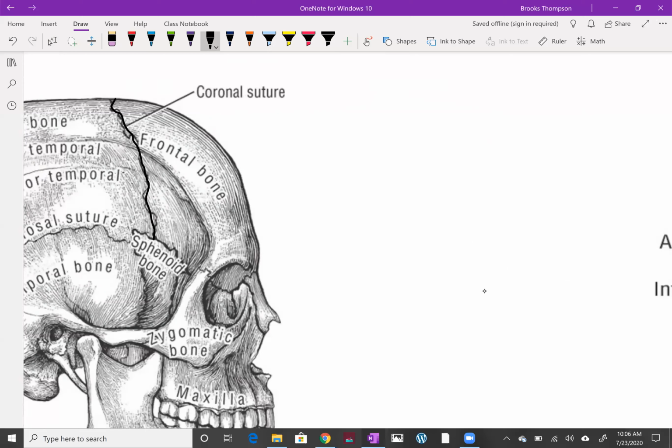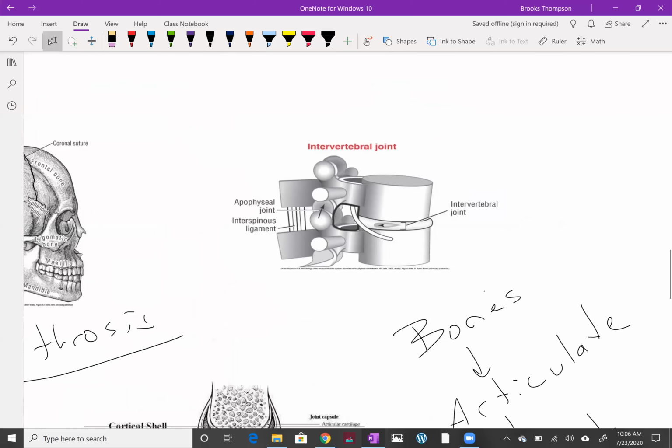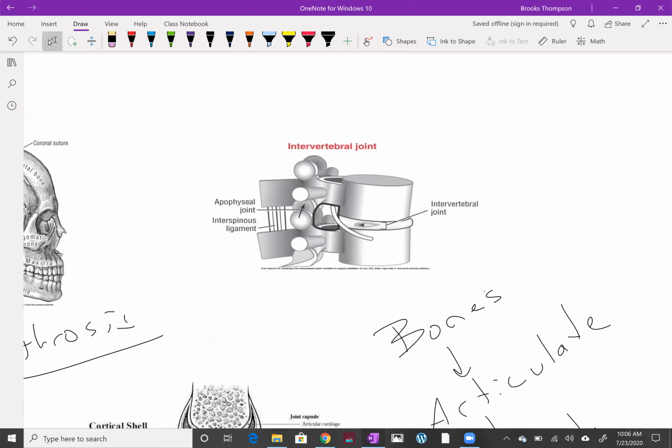So they don't really move. It's a synarthrosis joint. Then you have the amphiarthrosis. Honestly, right now I can't spell amphiarthrosis. So, and that is going to be between the vertebrae, because you have a big disc in between those. That's what makes it an amphiarthrosis joint.